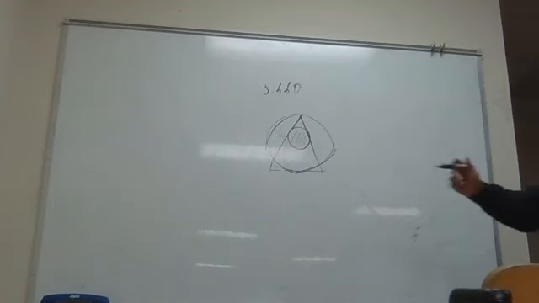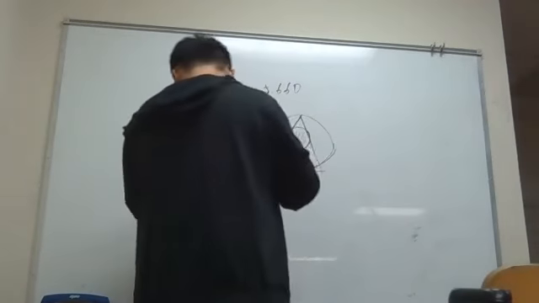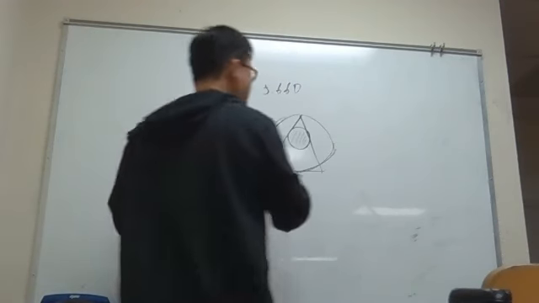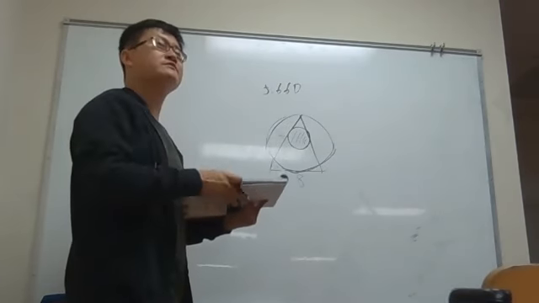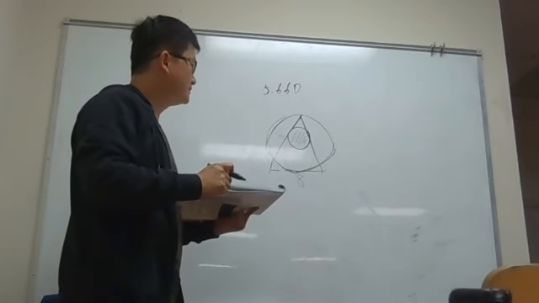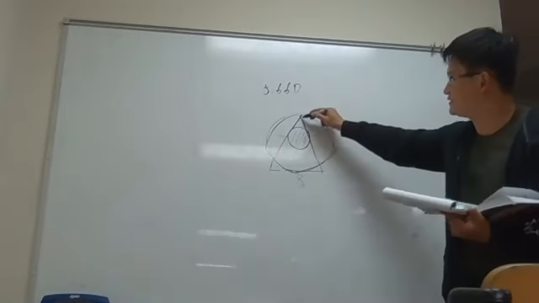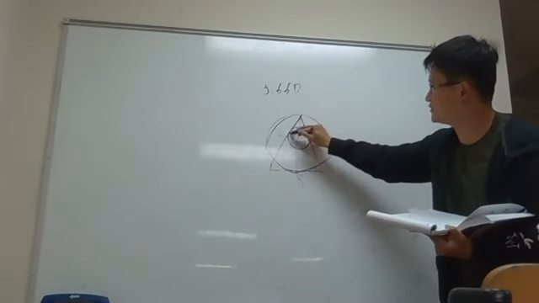So this is an equilateral triangle, which means it has side length 8, right? How do you form similar triangles here? We all know it should form similar triangles. So just draw a perpendicular line here, and then draw another perpendicular line there.